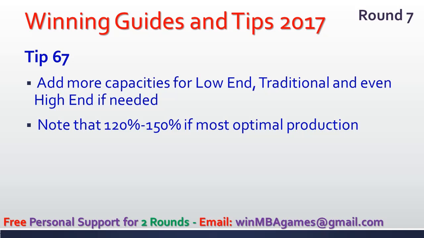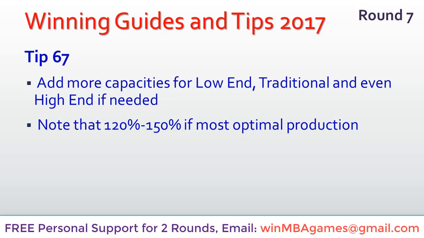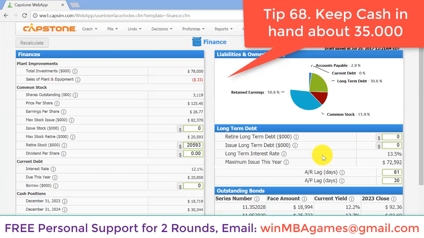And also the new low end product is 3,400, that's the full capacity for this low end production. We also add new capacity for the low end: 600 for the old one and 900 for the new low end product, increasing the capacity to 3,300 and 2,600 for low end production.